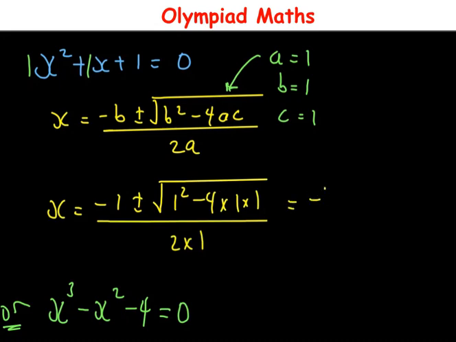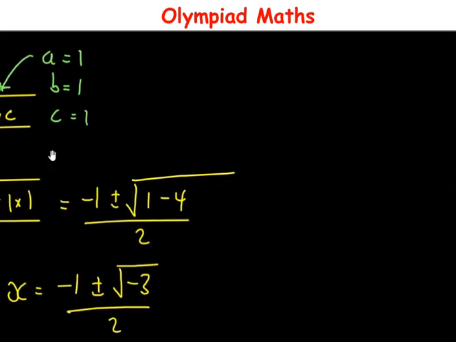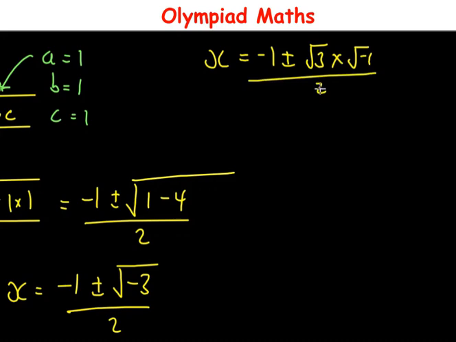So this then equals minus 1 plus or minus square root 1 squared is 1 minus 4 times 1 is 4, all over 2 times 1 is 2. And with this, x is then equal to minus 1 plus or minus root of 1 minus 4, which is minus 3, all over 2. From here, the solution for x is minus 1 plus or minus, we can write root minus 3 as root 3 times root minus 1, all over 2.